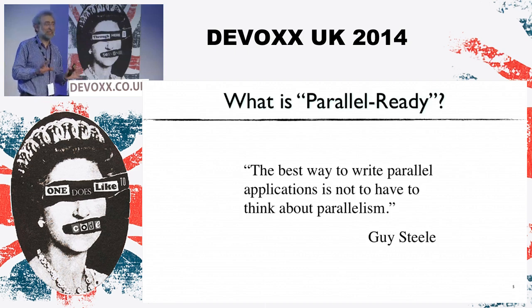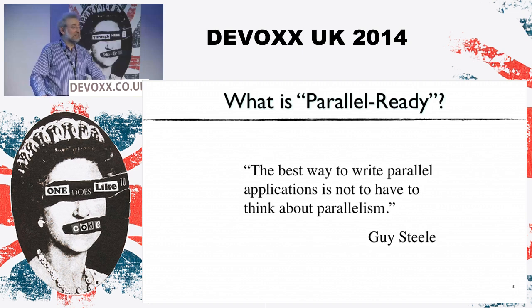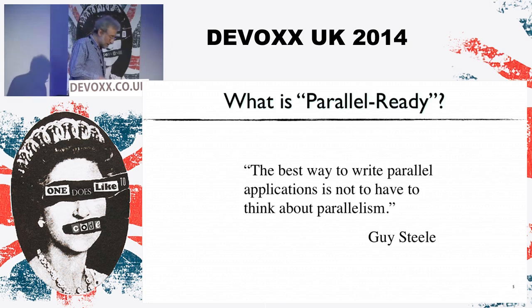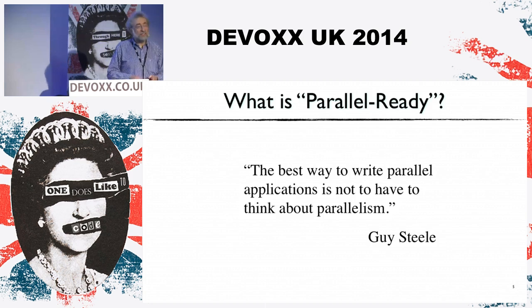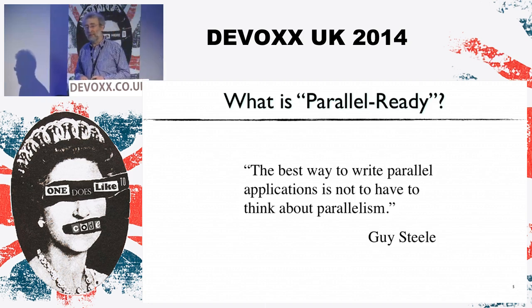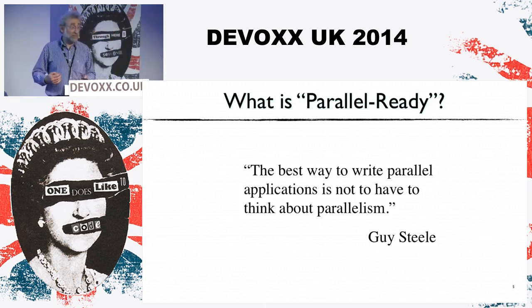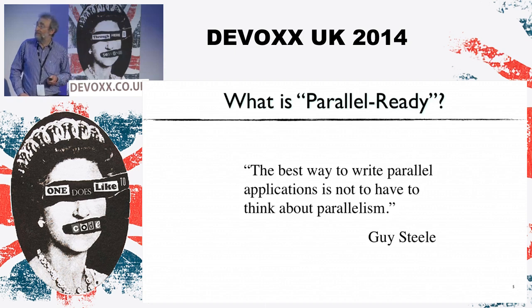And the key quote, his slogan for this talk, was that the best way to write parallel applications is not to have to think about parallelism. The idea he put forward was that enabling your code for parallel execution is just another example of the kind of automated resource management which has been a constant theme of the progress of programming over a really long period.